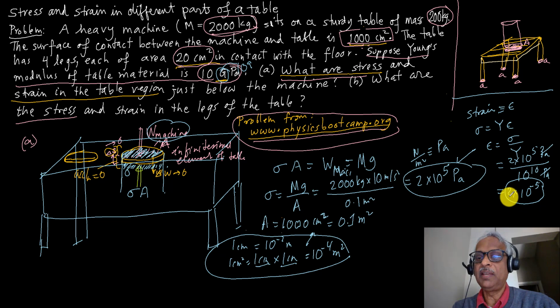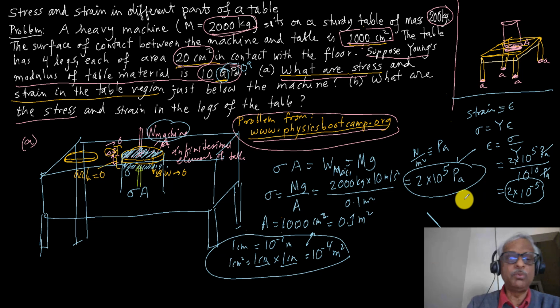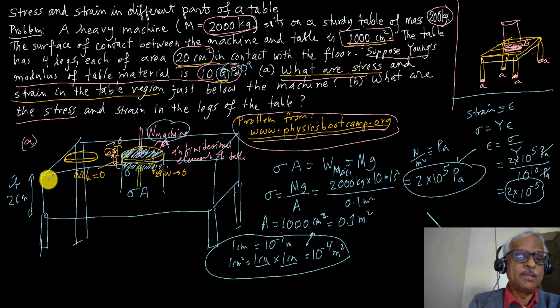So say if the table was 1 inch thick, then the amount of compression is going to be 2 times 10 to the power minus 5 inch.